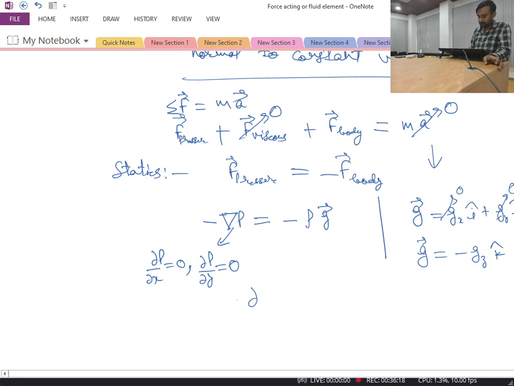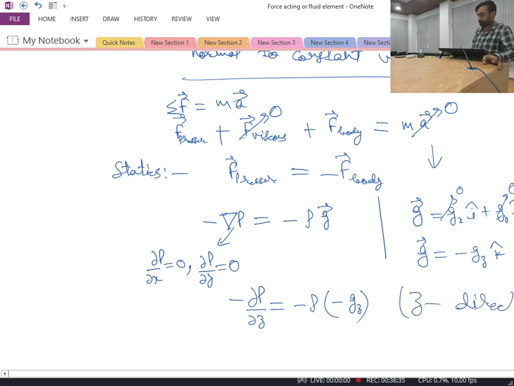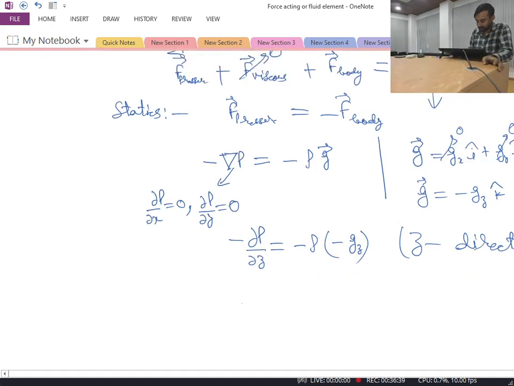So I will have minus del P by del z equal to minus rho times, in place of g vector, minus gz, because we are taking its component only in the z direction. From here you can see that del P by del z is equal to minus rho into gz.